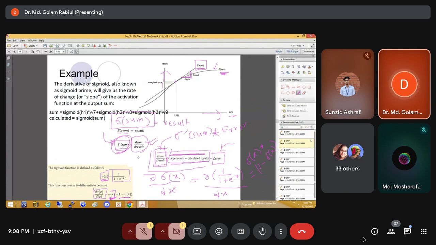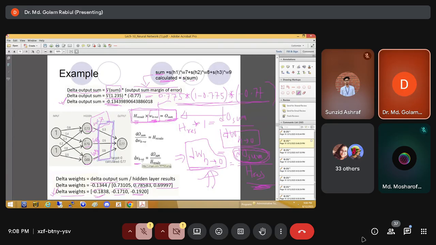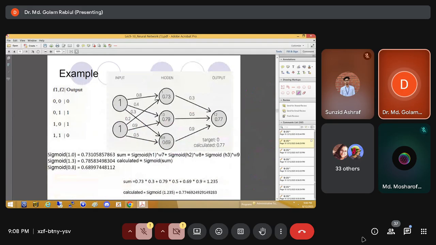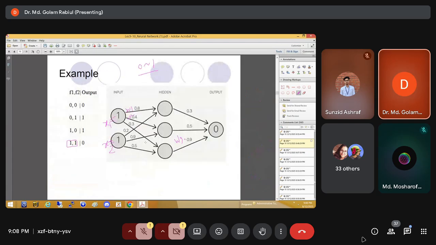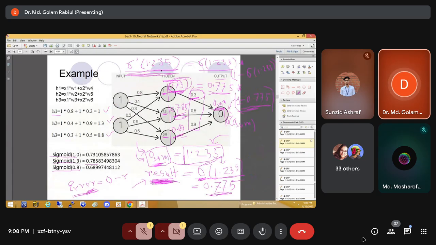But we have also calculated the hidden results, utilizing the same principle. That means these hidden layer results we have calculated from the sigmoid of the hidden sum.